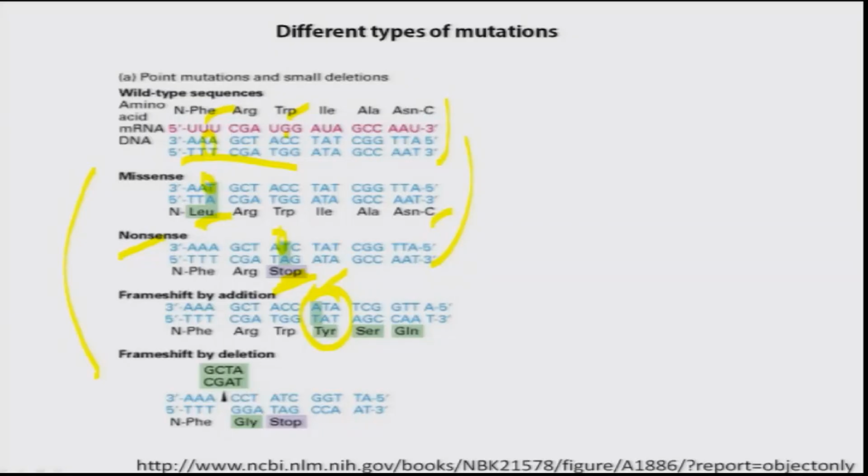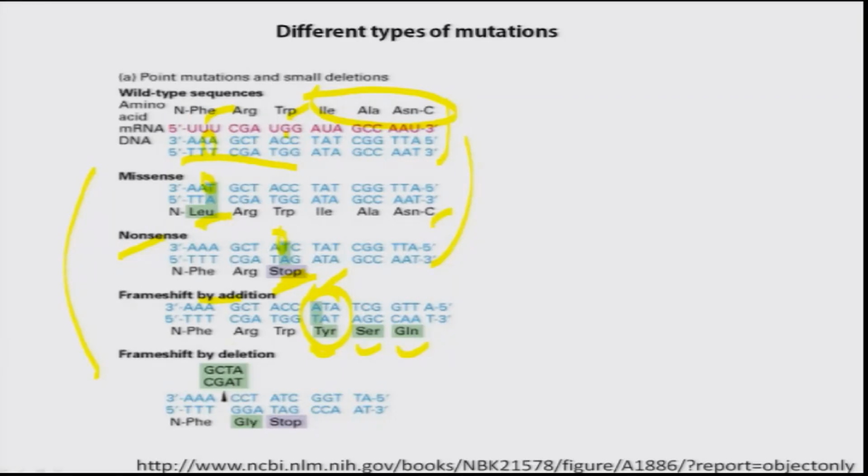As a result, if you make the triplets, you are going to find new amino acids being added, and they are not what you see here. And this is happening because there is a shift in the open reading frame because of the insertion of a new element, and this is called a frame shift mutation.